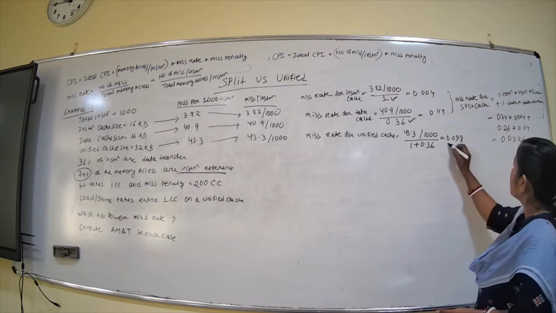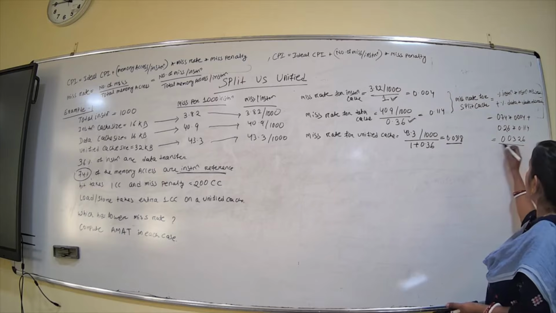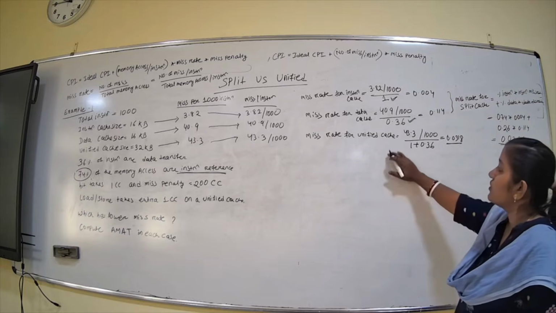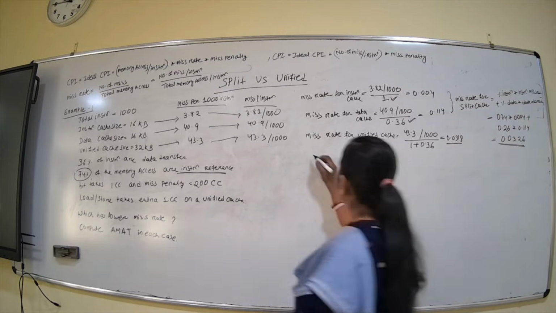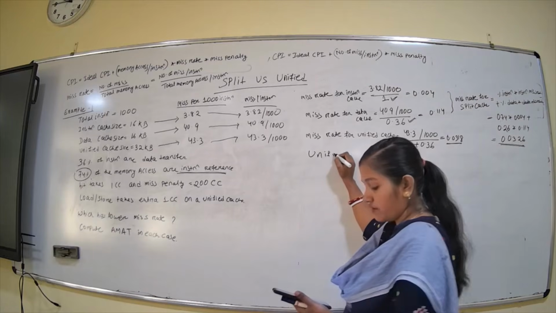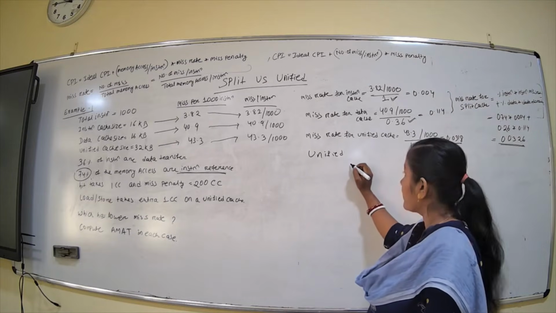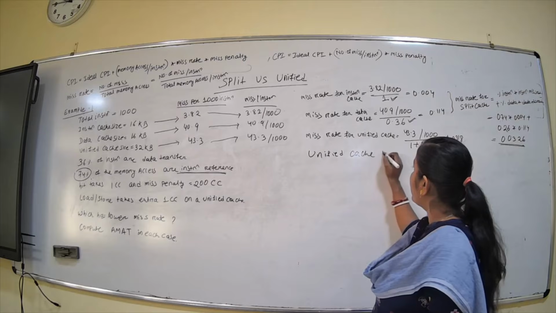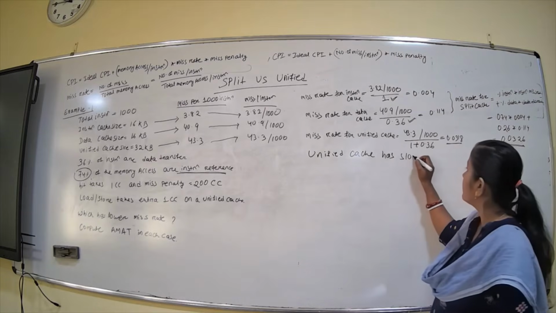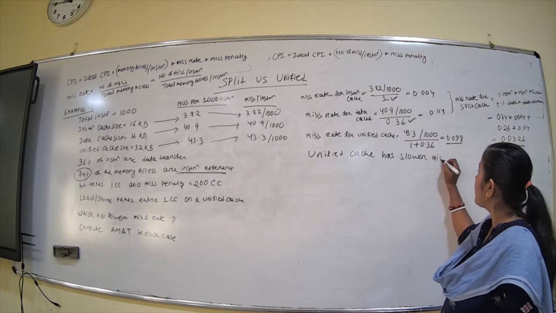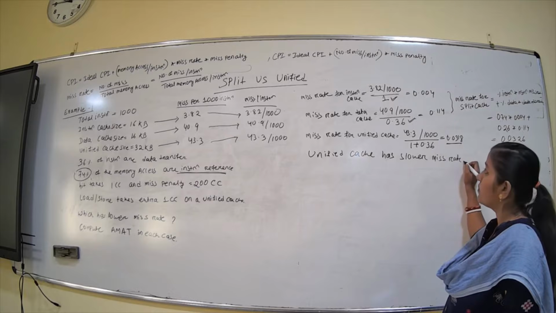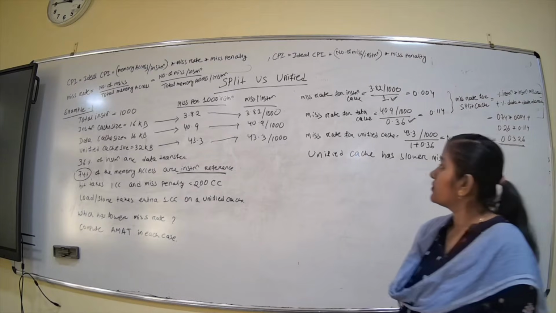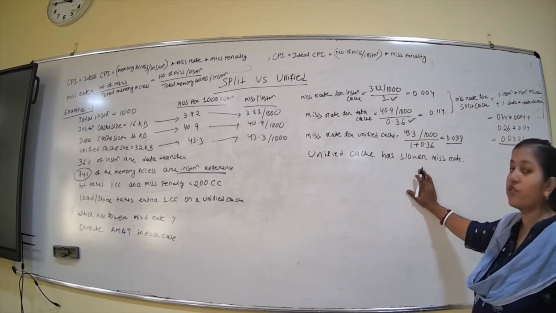You see, this is 0.0318 and this is 0.0326. So obviously the unified cache has the lower miss rate.